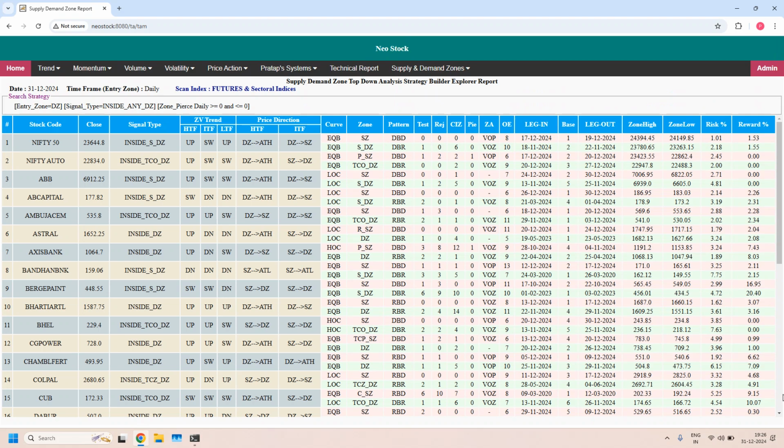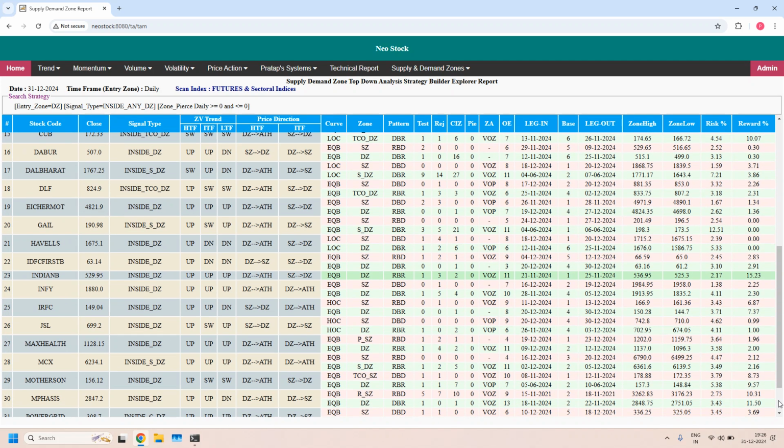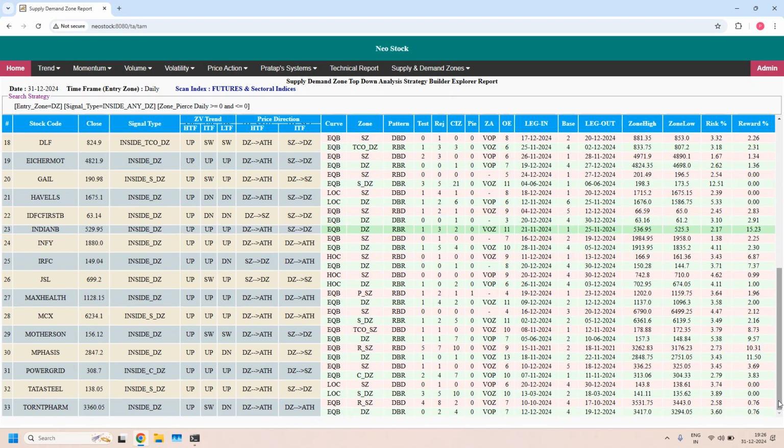First 15 stocks in the list where price closed inside the daily demand zone. I am scrolling the list down. So total 33 stocks are filtered where price closed inside the daily demand zone.